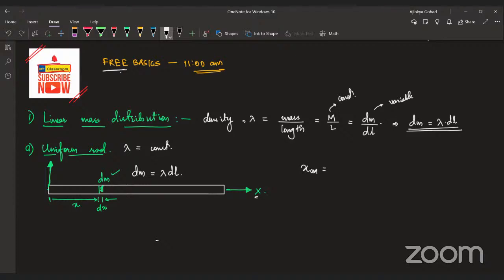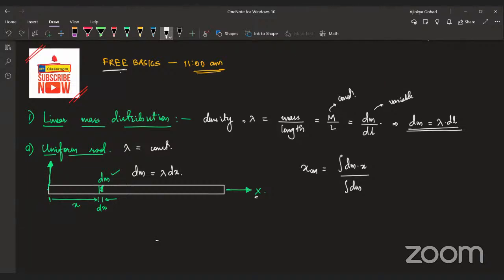So I can write the x coordinate of the center of mass as integral dm into x upon integral dm. Here the length element is dx.